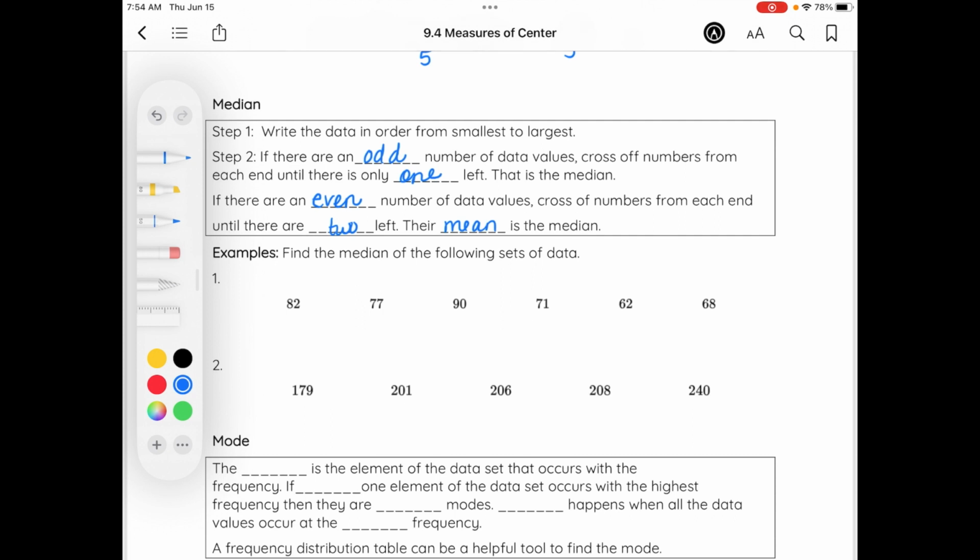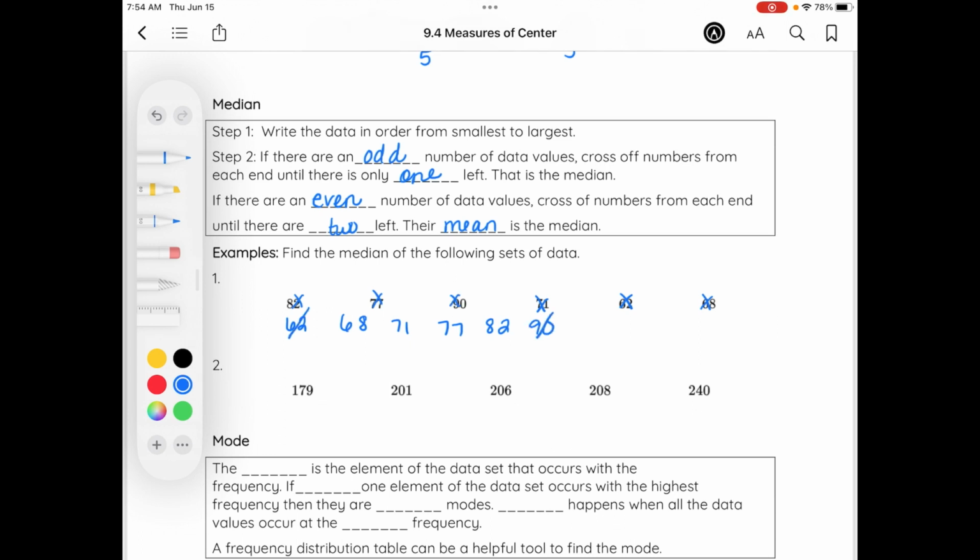So in my first example, I notice that my numbers are not listed from smallest to largest. So I'm going to start doing that first. It looks like my smallest number is 62. Then I go to 68, 71, 77, 82, and then 90.